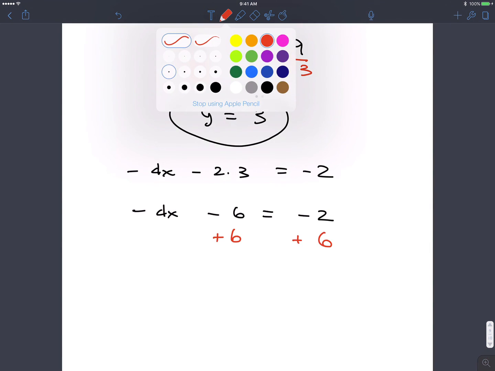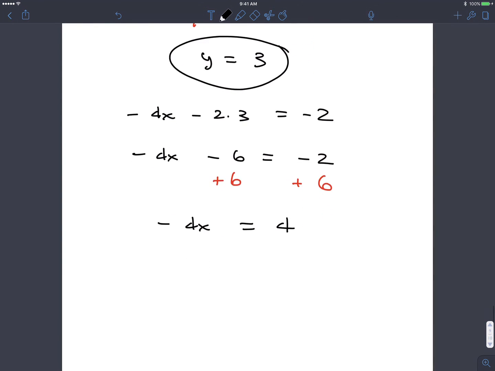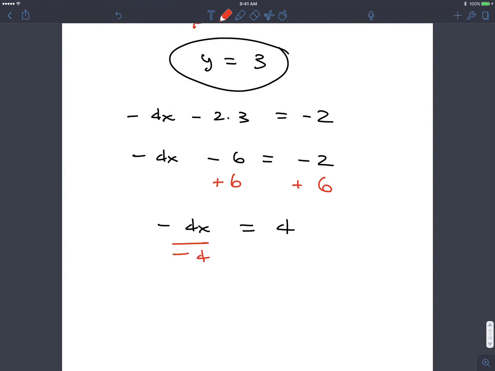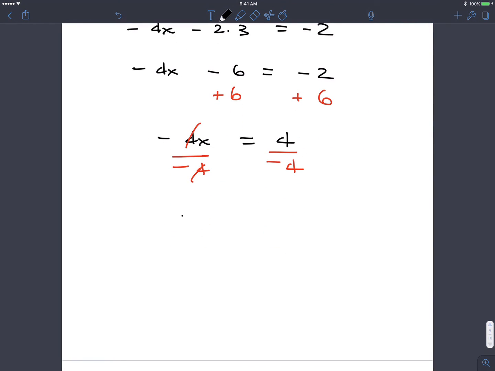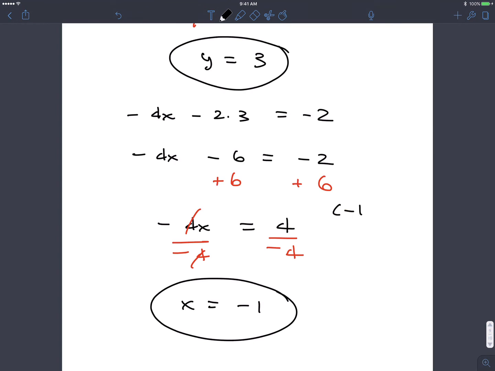Add 6 to both sides, you get negative 4x is negative 2 plus 6 is positive 4. Divide both sides by the negative 4. Negative 4's cancel. And we get x going to be negative 1. This is the solution or point of intersection, or the solution to our system, however you want to call this.